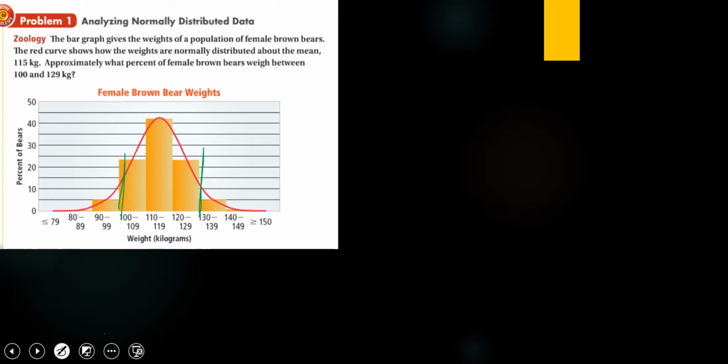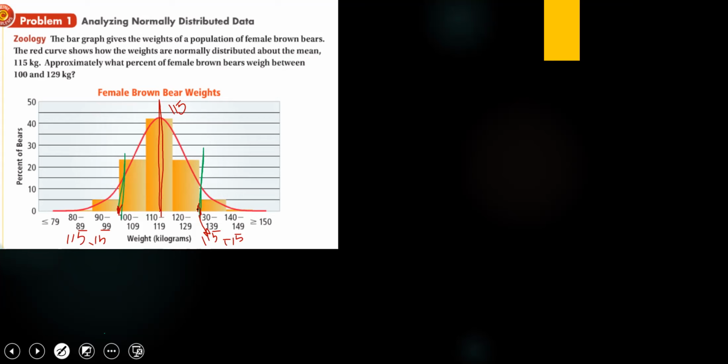Since the mu is at 115, you add 15 to 115, and you subtract 115 minus 15. So you find 100 and 130.